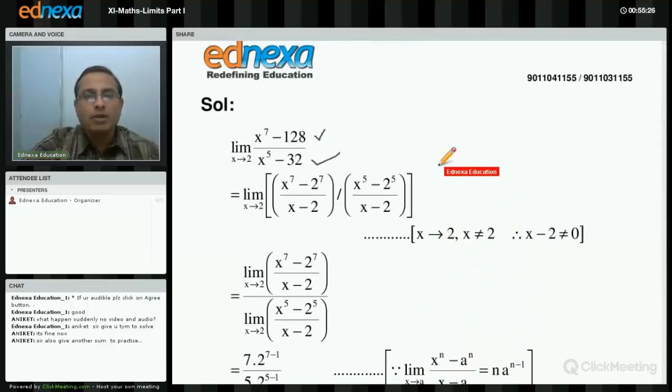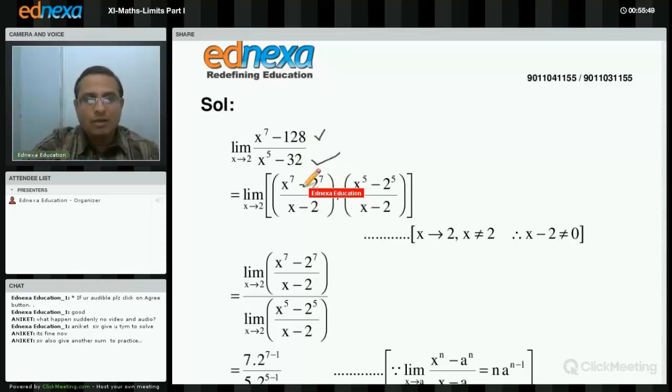If the tending value of x is a, this clearly shows that we have to divide both numerator and denominator by what? x minus 2. But is it valid? Yes, it is, because x only tends to 2, x is not equal to 2, and therefore x minus 2 is not equal to 0.